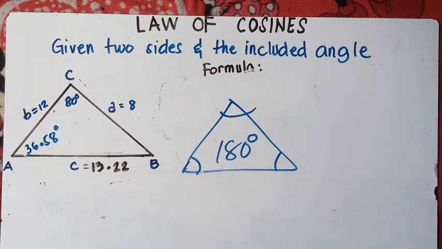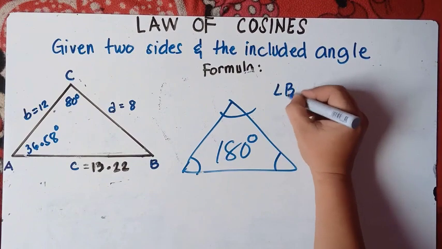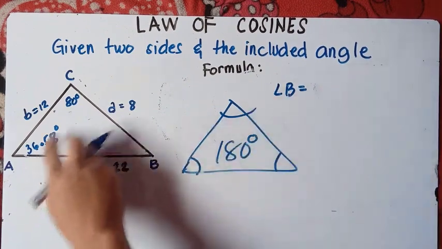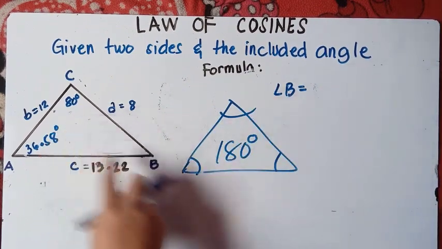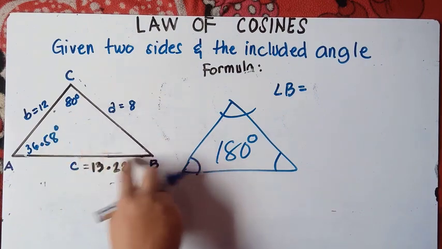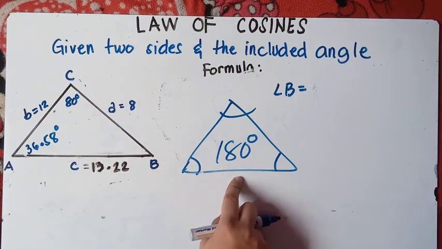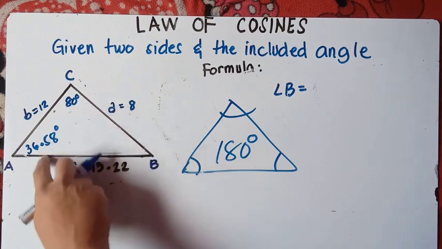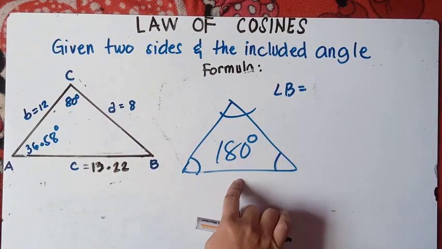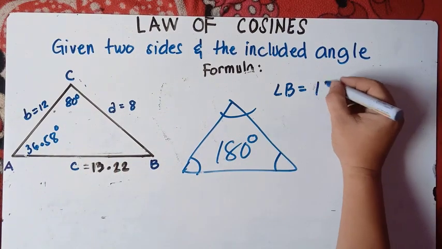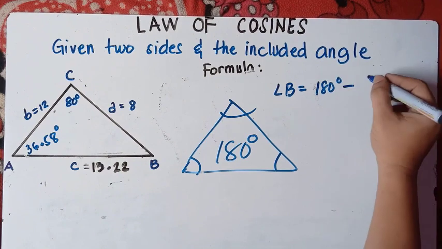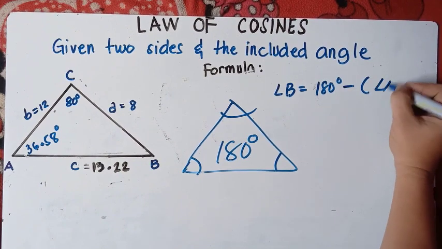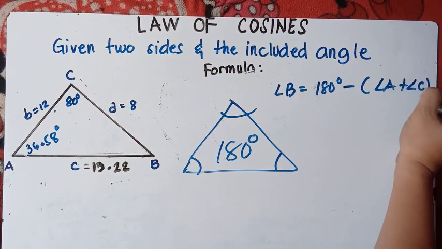So we add the other two angles and subtract from 180. Angle B is equal to 180 degrees minus the sum of angle A plus angle C.